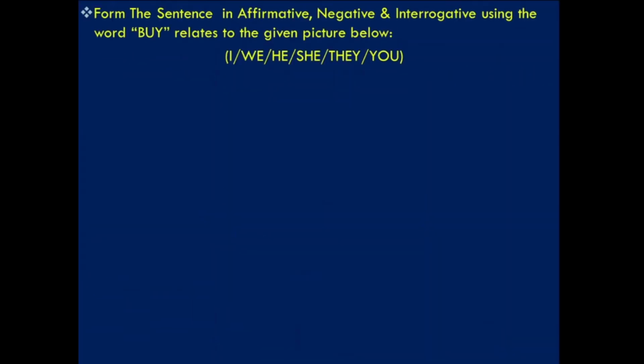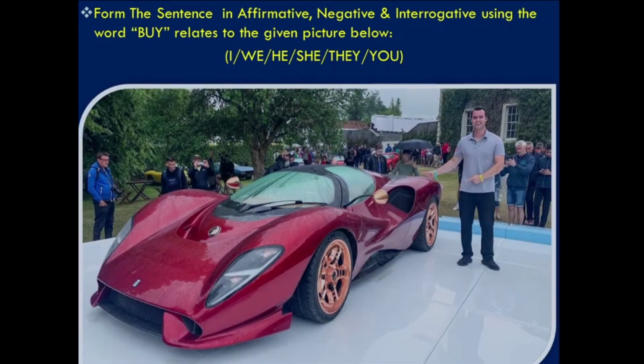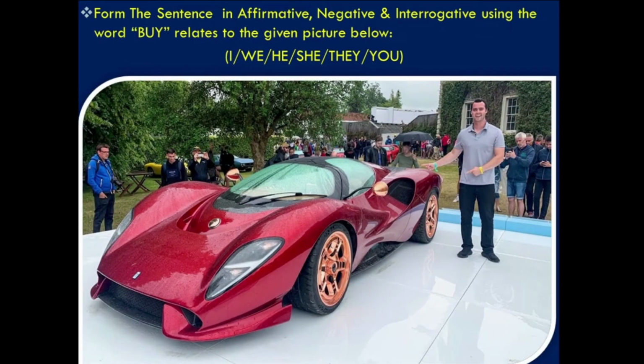Now based on that, I have a few things to share with you. This is how to form the sentence in affirmative, negative and interrogative using the word buy, relating to the given picture below. Here I have the subjects given: I, we, he, she, they, you. So let me form at least two examples here.